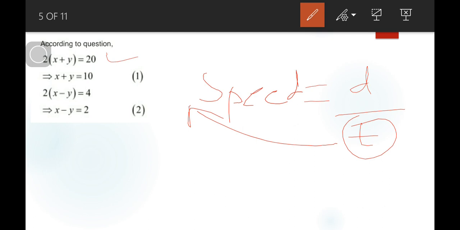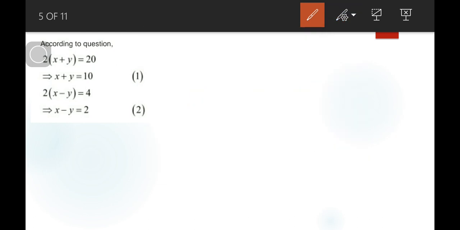From that we can find the first equation, x plus y is equal to 10, and as well as the next equation for upstream, 2 into x minus y is equal to 4. So we can find x minus y is equal to 2. Now we have two equations as given here.